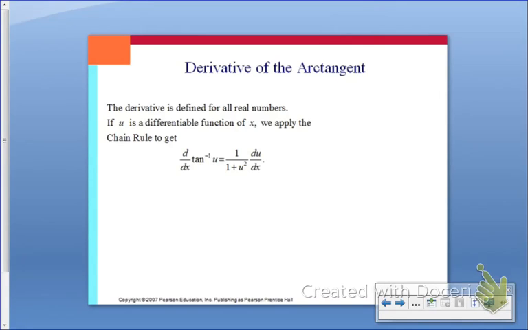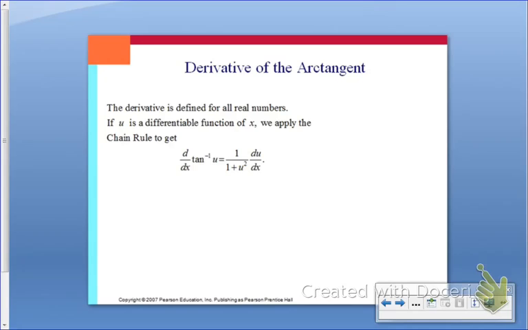Next we have the derivative of arctangent or inverse tangent. Again, if you want to add this to your memorization sheets, you can. If it's inverse tangent of x, the derivative is simply 1 over 1 plus x squared.